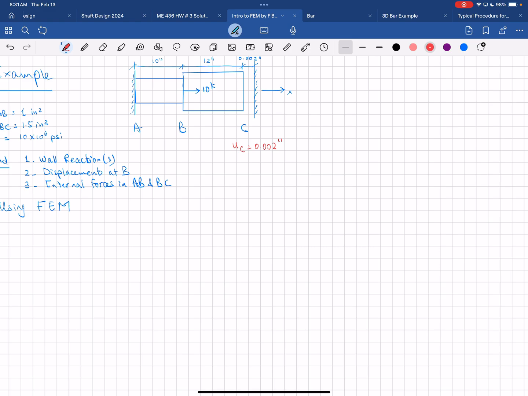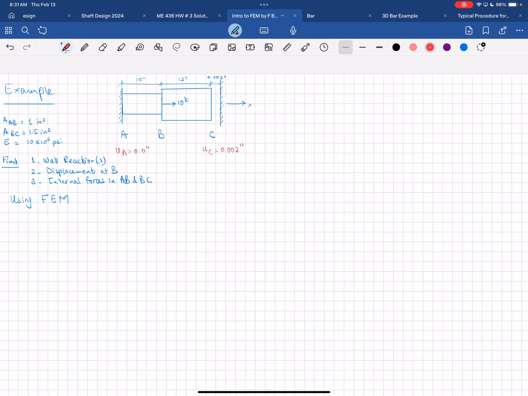Another boundary condition we see here, because the wall is fixed at A, is that UA is equal to 0 inches. So these are the two boundary conditions looking at the problem here. So the first thing I want to do is to select an element and discretize.